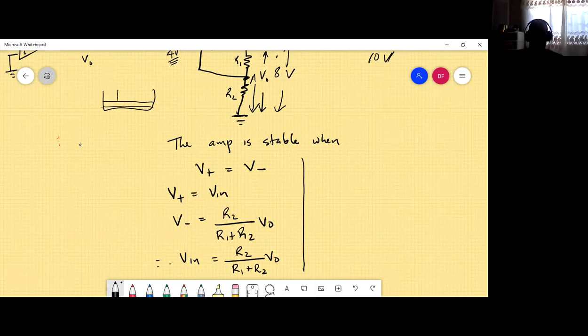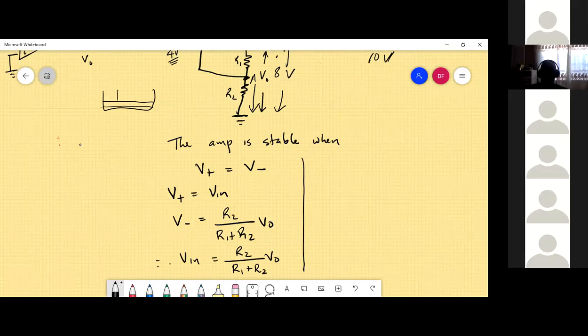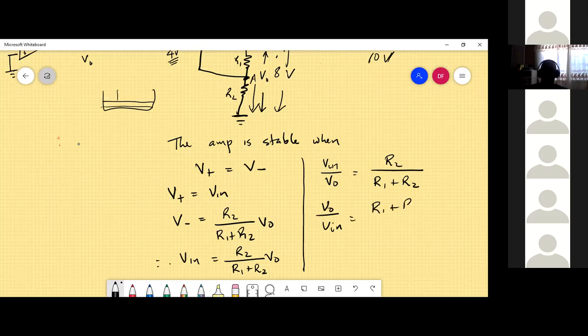So we have V in over V out is equal to R2 over R1 plus R2. Spinning it around, V out over V in is R1 plus R2 over R2.